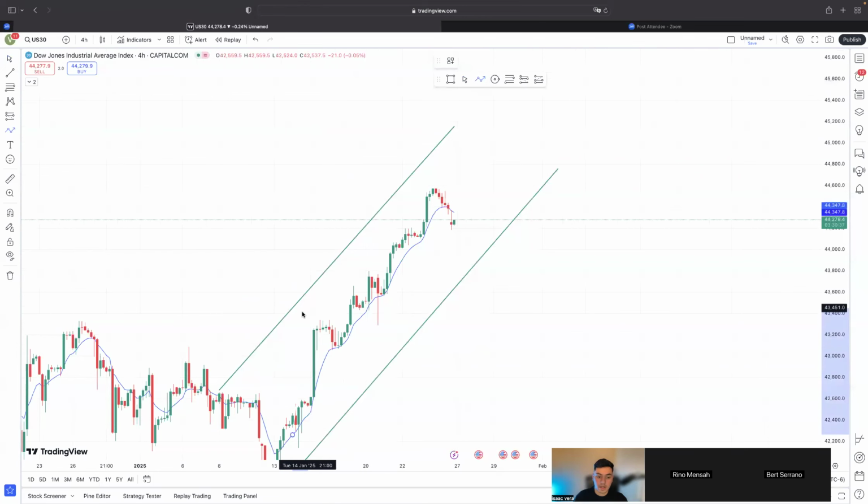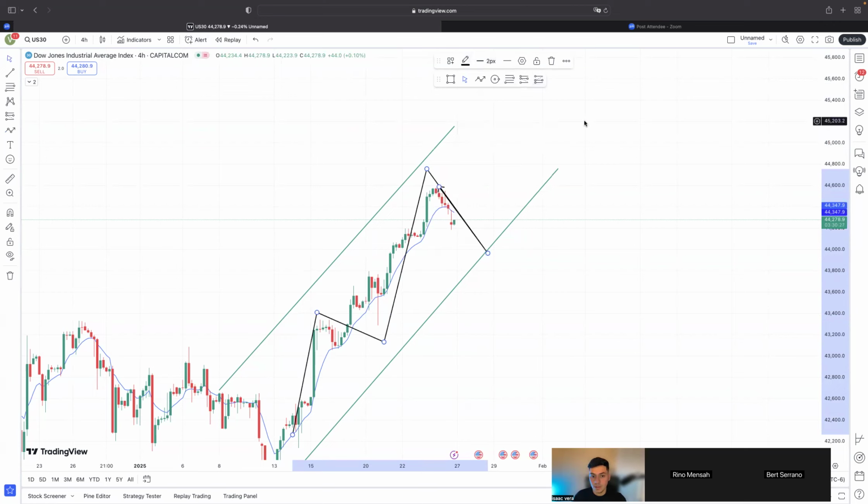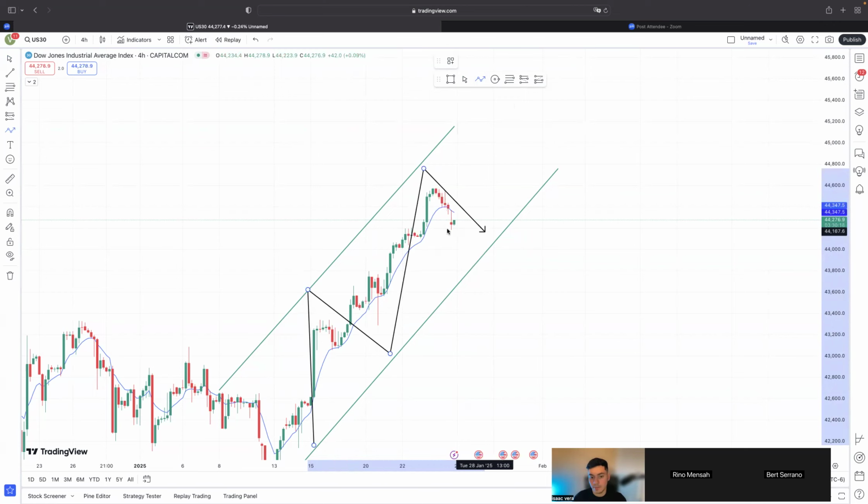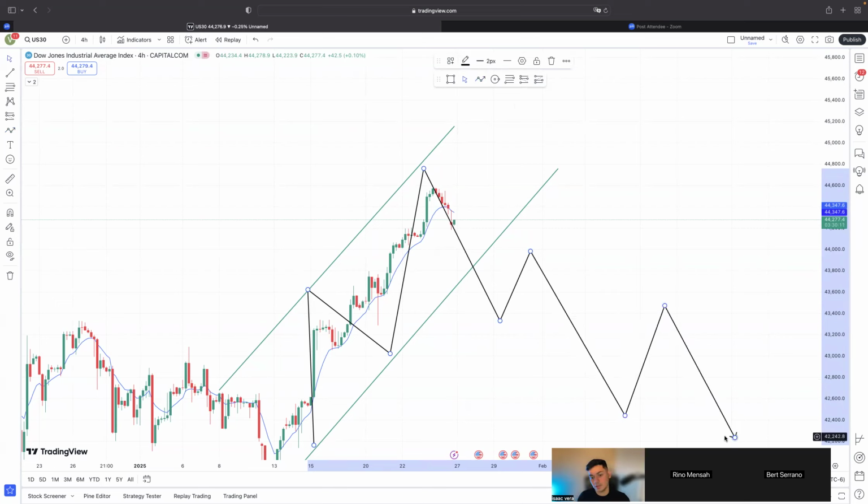So let's say that we are going to the upside and the market decides to shift and break this trend up to the downside, comes back and retests, and then makes a shift in the market structure.